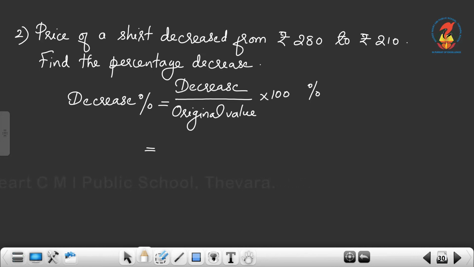Now, how much decrease occurred? Initially the amount is 280, now it has changed to 210. So, there is a decrease of 280 minus 210, which is 70 rupees. So, the decrease is equal to 70.